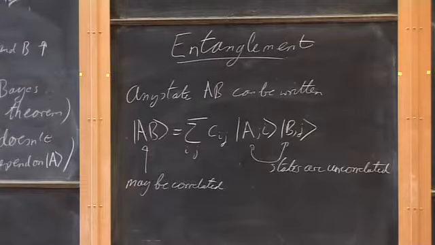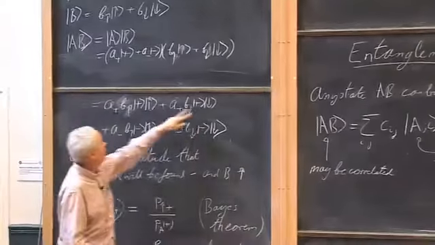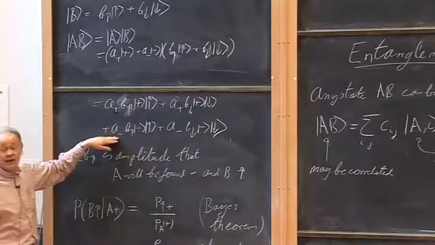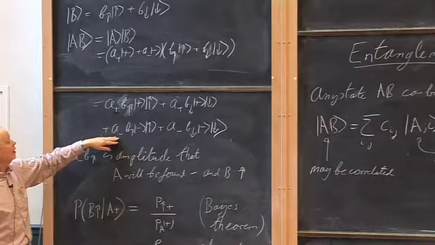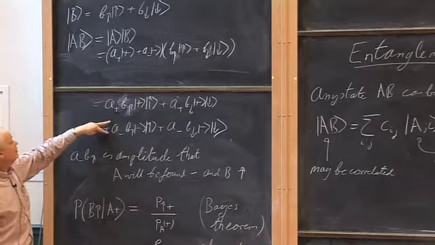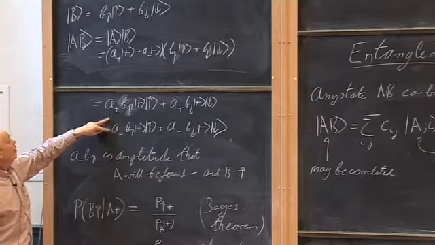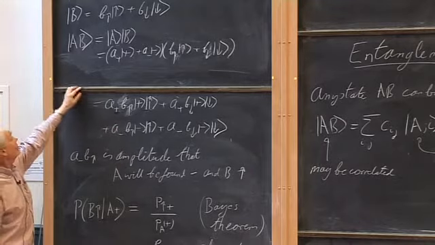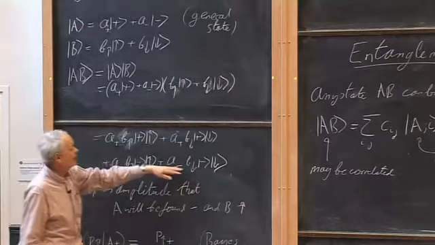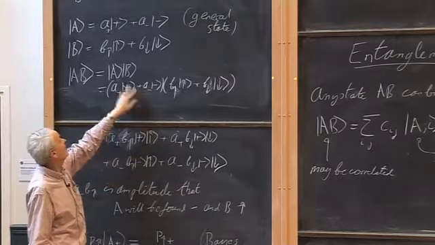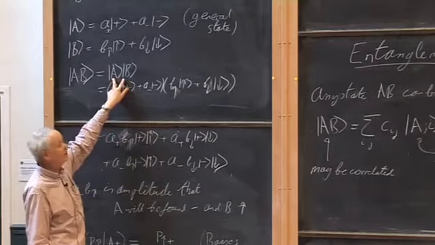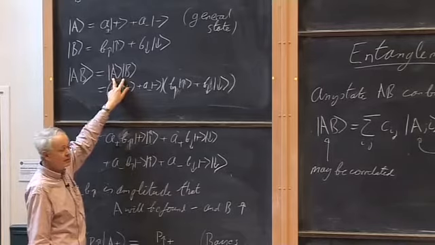We just had such a linear combination of uncorrelated states here, right? And it turned out that in this case, that was still an uncorrelated state because this was simply an expansion in terms of some basis states of a state which was already a product of just two states.